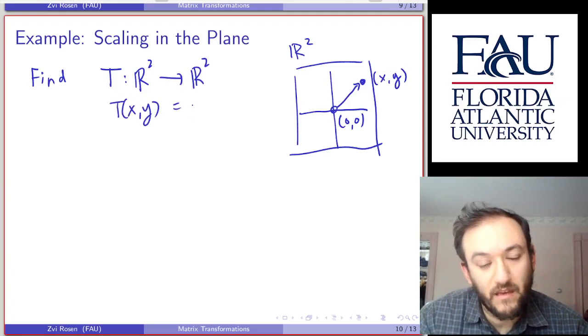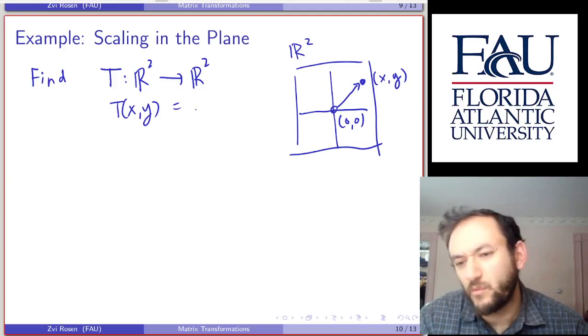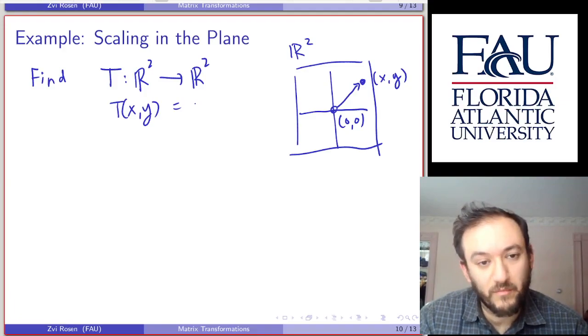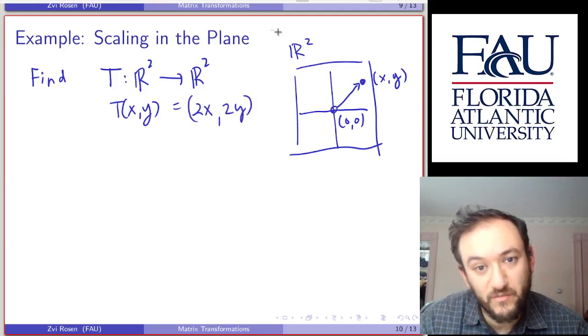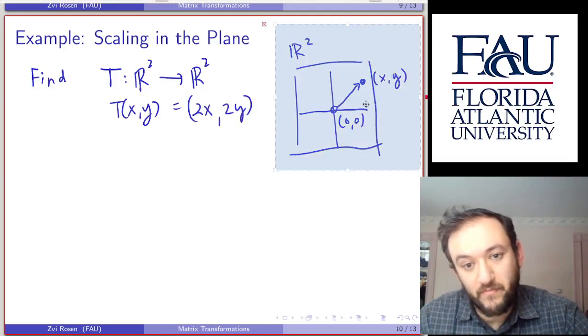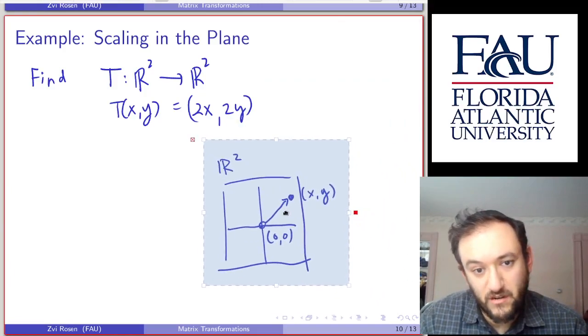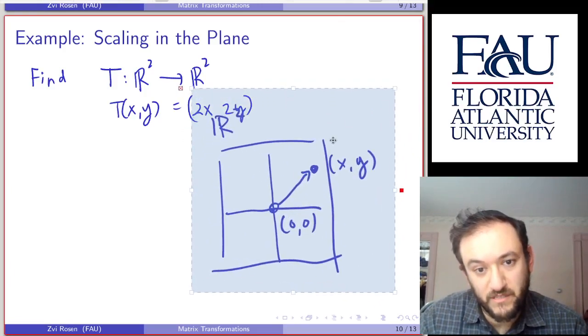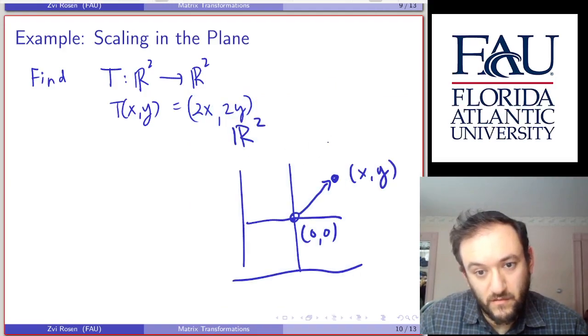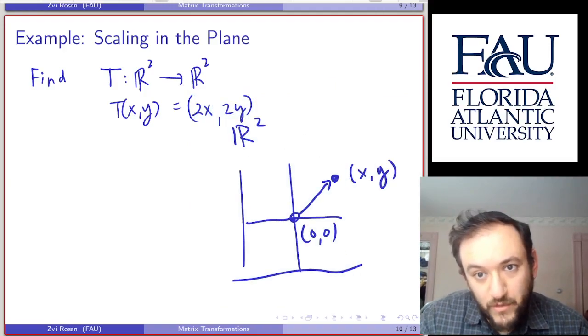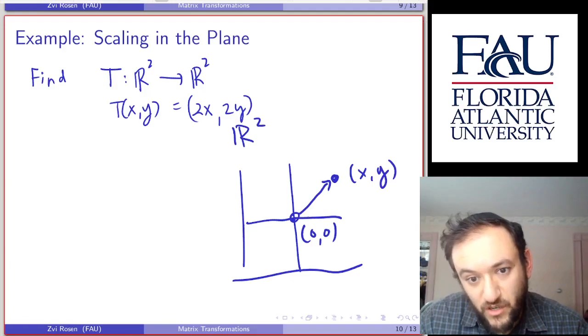So let's start with 2. Let's keep it straightforward. T of x, y equals 2x, 2y. So what that's doing in terms of this picture, let me make it a bit bigger so it'll be easier to see, is multiply this vector by 2.